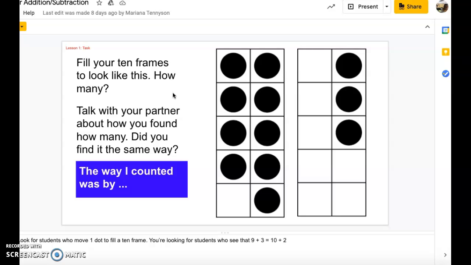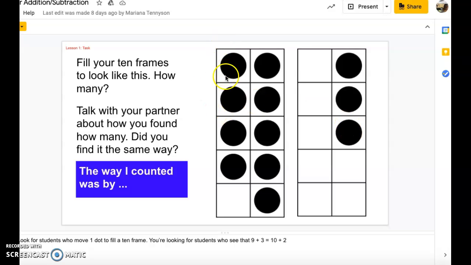Alrighty, welcome back. There are different ways to solve this problem. This first tens frame is actually the exact same thing as the last slide we were on. This is 9, right? And then this is 3. So could you do 9 plus 3? Yeah, you could say 9, 10, 11, 12, and you would get 12.